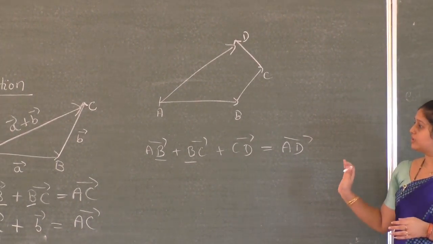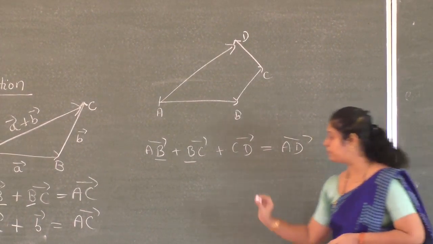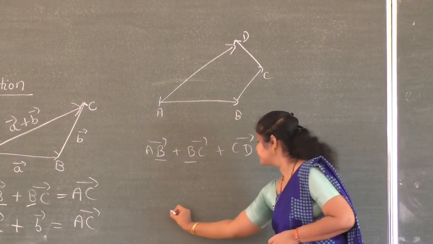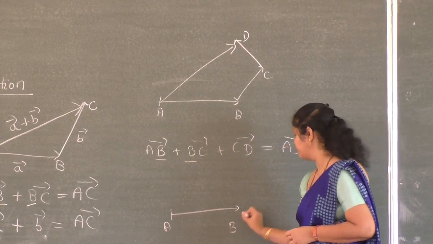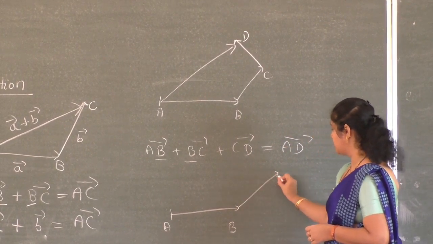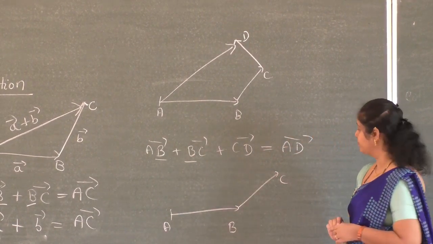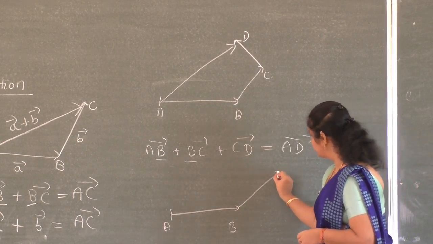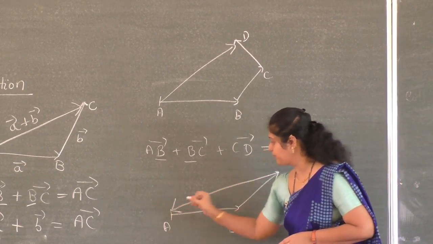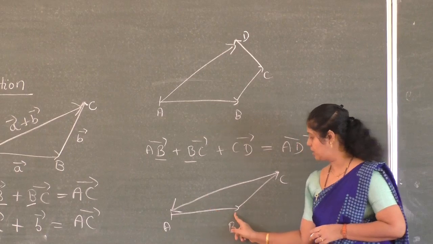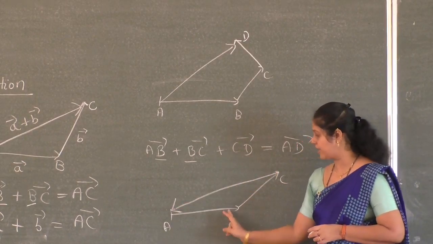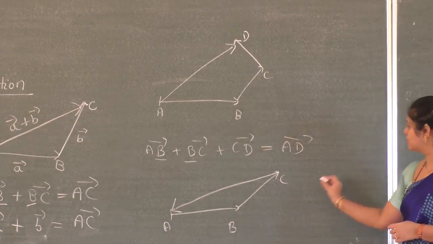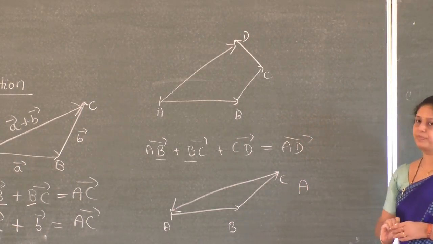Now if we take three vectors in a particular direction, for example vector AB, then vector BC, then vector CA. So in this direction, what is the sum?